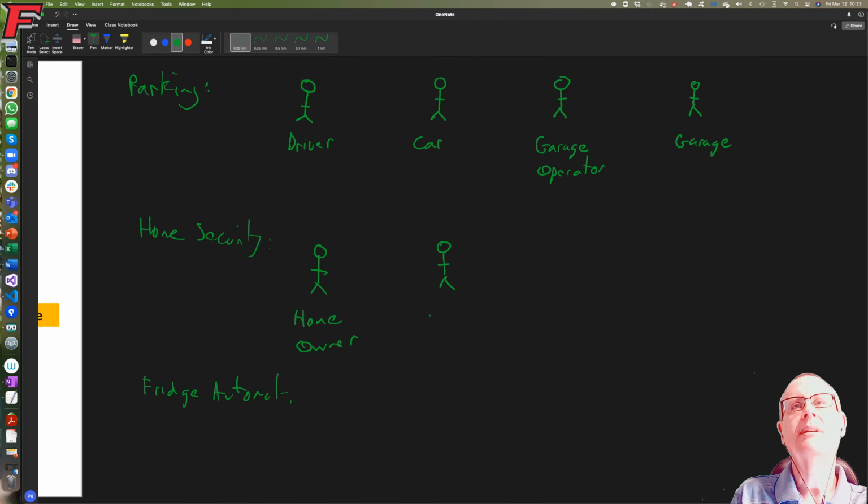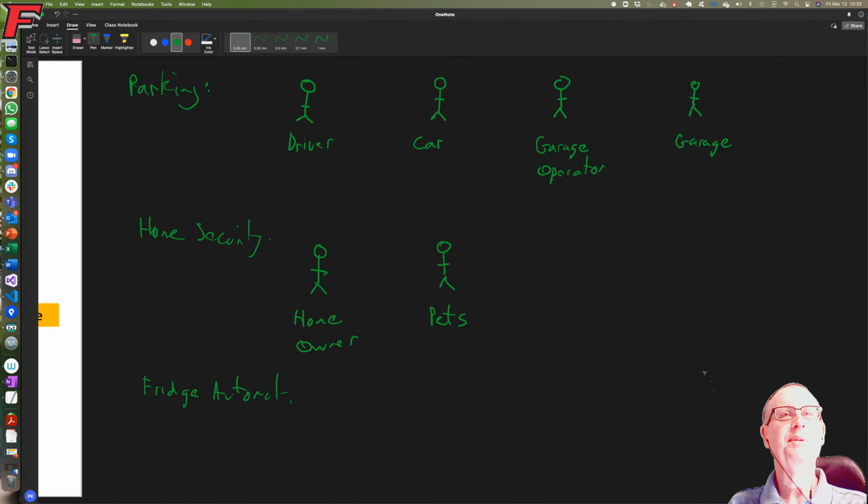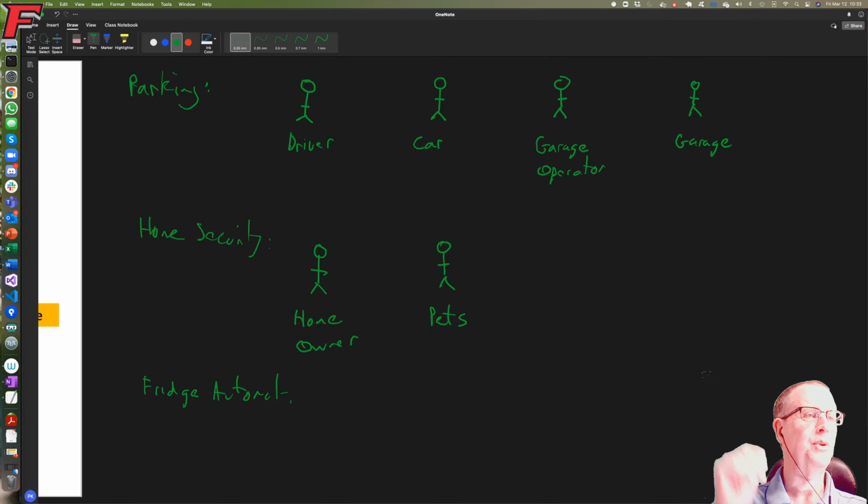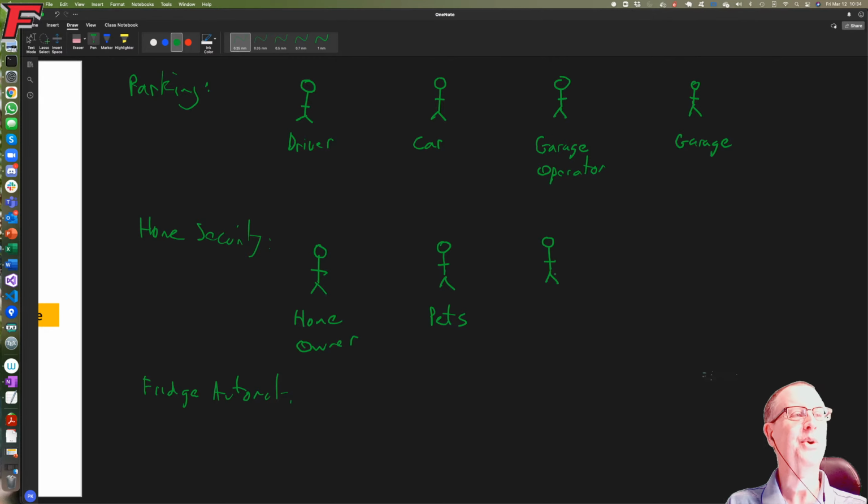I suspect another actor might be pets. I don't know whether you heard my dog earlier, but there's an aspect of home security that needs to not set off an alarm when the cat jumps on a table, or the dog pulls down the curtains, or whatever is happening.